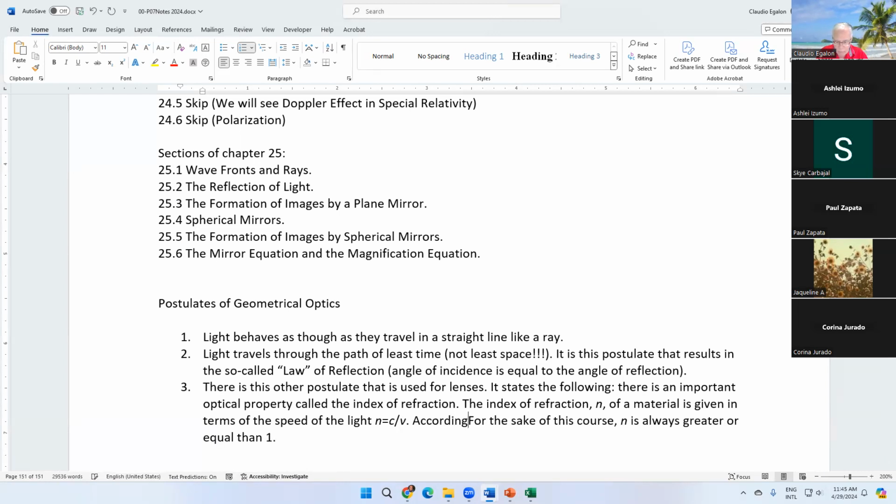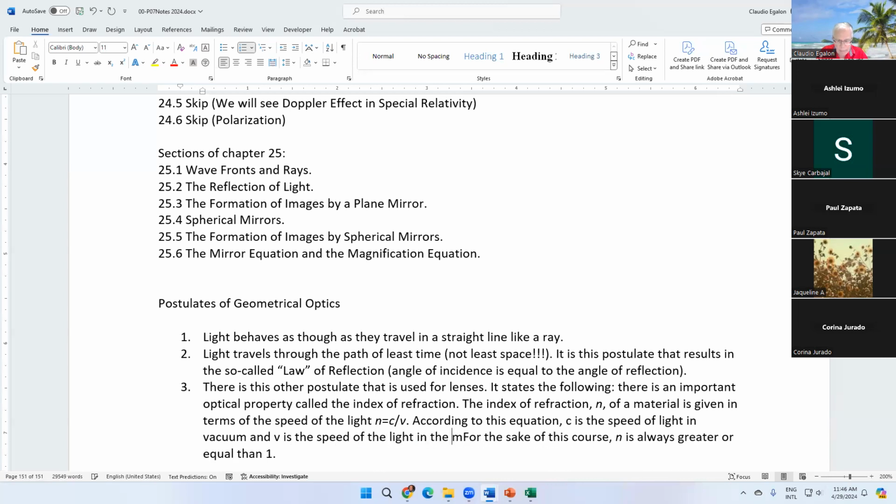According to this equation, c is the speed of light in vacuum, and v is the speed of light in the material.